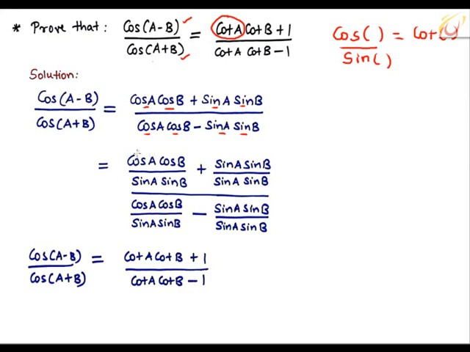On our LHS, we already have a cos A. So how will we move from cos to cot? We have to divide whatever is in cos by sine.